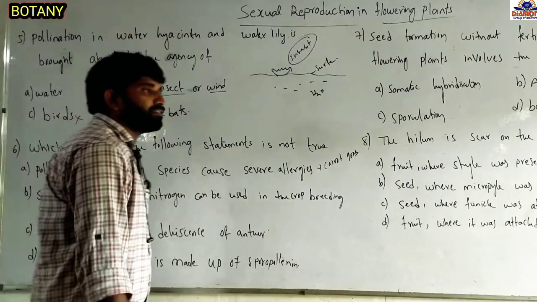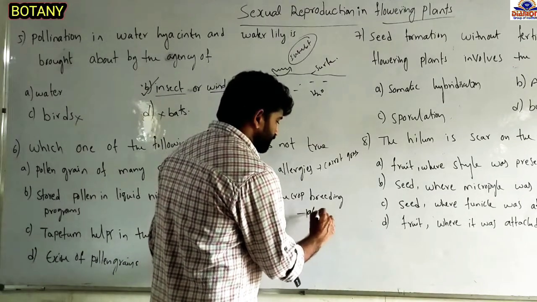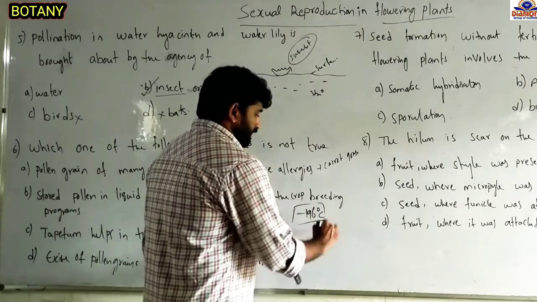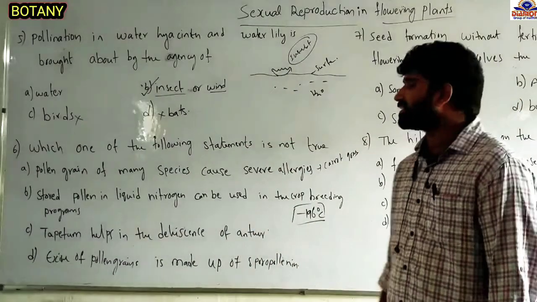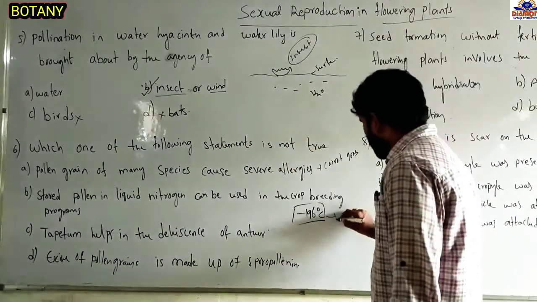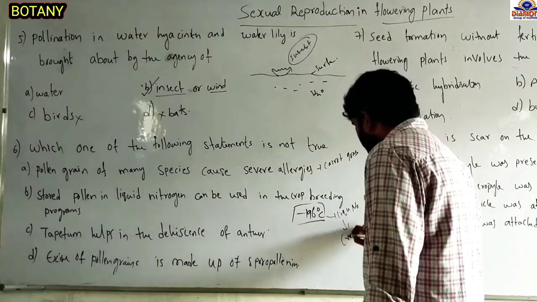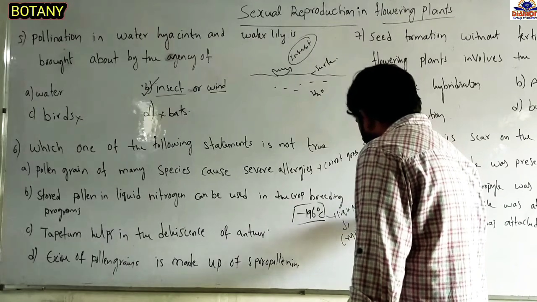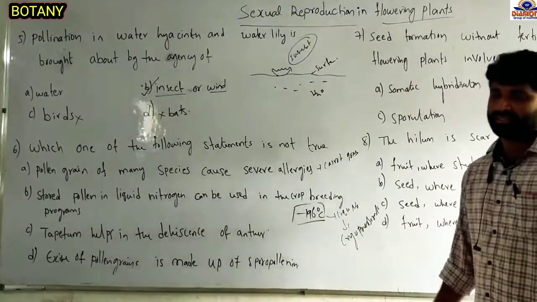Yes, pollen grains are stored at minus 196 degrees Celsius, using liquid nitrogen. That process is called cryopreservation, and we also call these pollen banks.